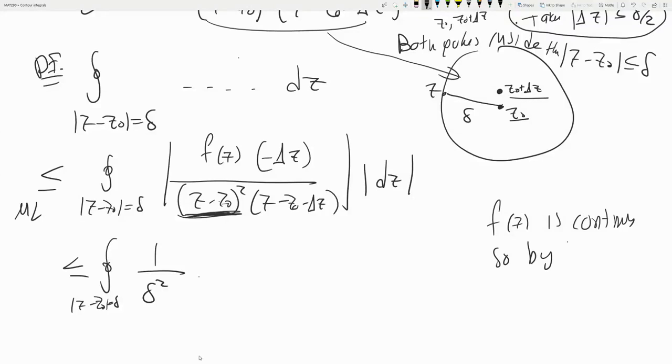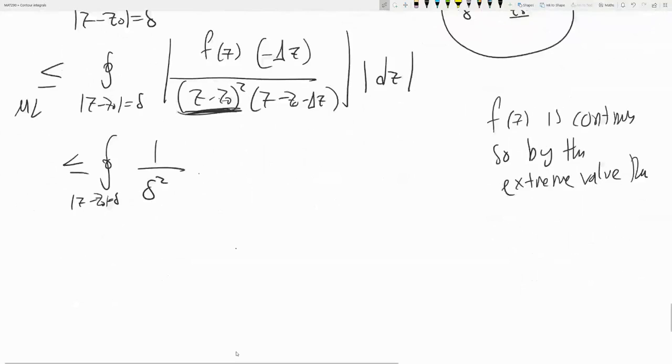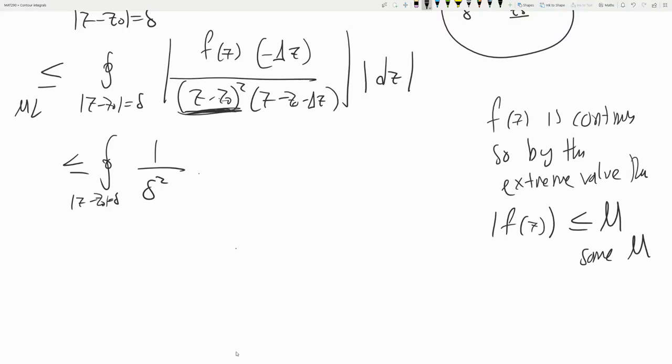So by the extreme value theorem, the absolute value of f is less than some constant M. And c minus z naught is less than delta.